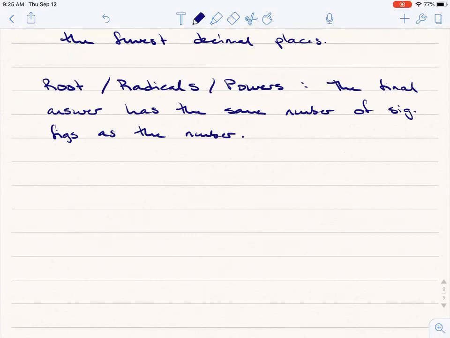How about if you're combining exact and approximate values, right? So if you're dealing with things like pi and that kind of fun stuff. So the final answer has the same number of sig figs as the approximate term with the fewest sig figs, right? Because how many sig figs does pi have? A lot. Uncountable. It's to be determined. We'll get there. Great minds are working on it. But until then, that's why we have to stick to the approximate value.